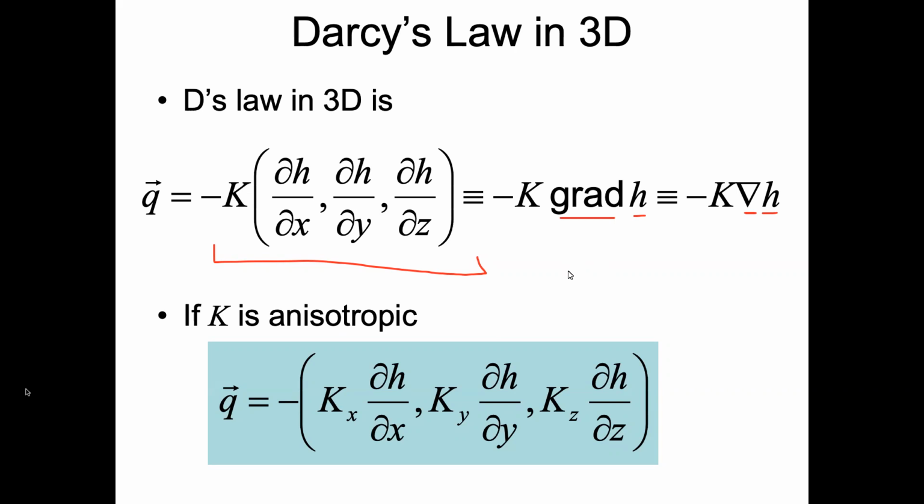Now, when we begin to think about what this means in an anisotropic system, remember that anisotropic systems mean that water flows preferentially in one direction versus another. That preferential water flow is the ability of the material, the conductivity of the material, to move water in the x, y, or z direction. So again, we still have a homogeneous system here, but with an anisotropic hydraulic conductivity.